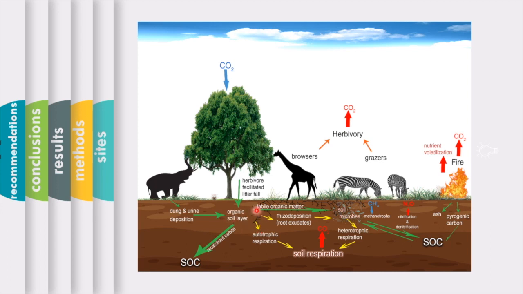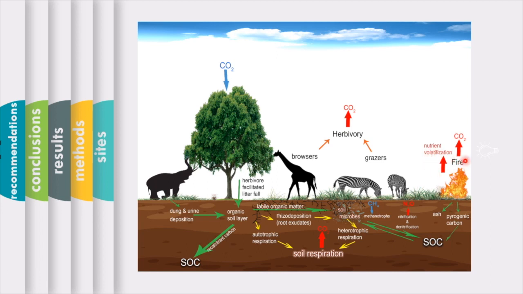As such, it takes time to be decomposed by microbes, therefore becomes recalcitrant and is added to the soil organic carbon pool. Whereas fire as well produces compounds like ash and also pyrogenic carbon, which is also recalcitrant and takes a very long time to be decomposed by microbes, thereby being added to the soil organic carbon pool.